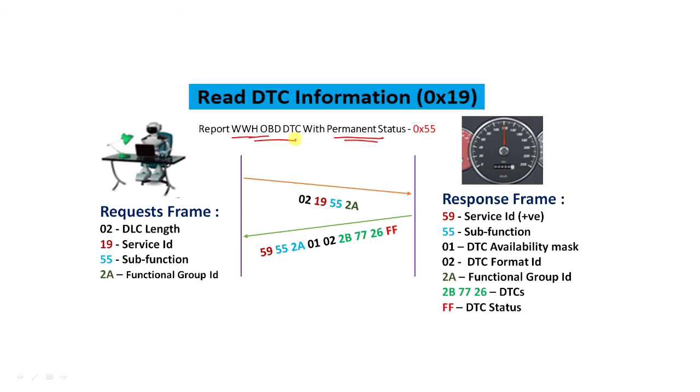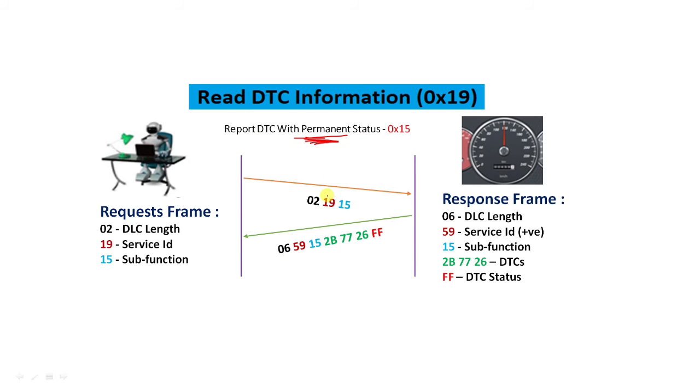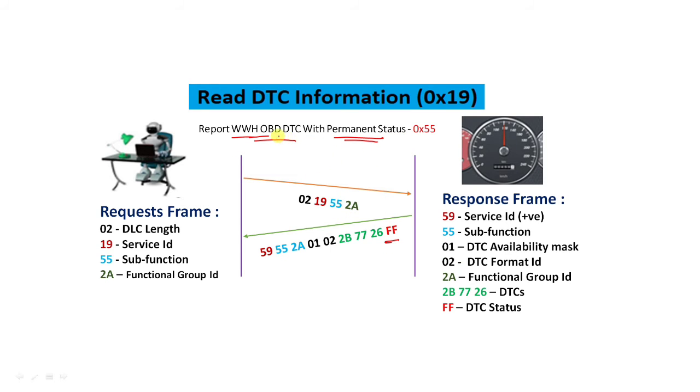So if some OBD DTC status becomes permanent, then you'll have this. But non-emission DTCs also have a set of permanent status that will be dealt with here. And the DTCs which are OBD related will be dealt with here.